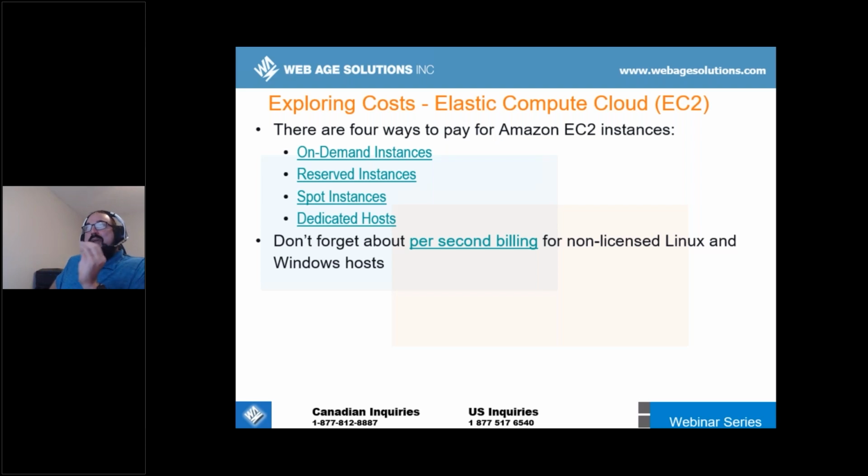The cheapest way to run virtual machines, other than, for example, not using commercial versions of Linux and not using Windows, which is just slightly cheaper per hour, is you can actually use what I like to call the eBay of AWS EC2 pricing models, which is the spot instances.